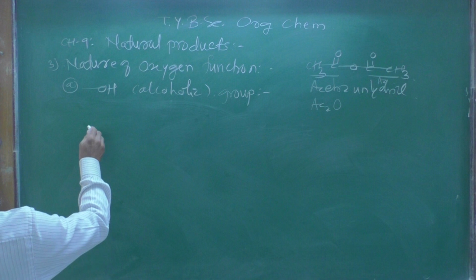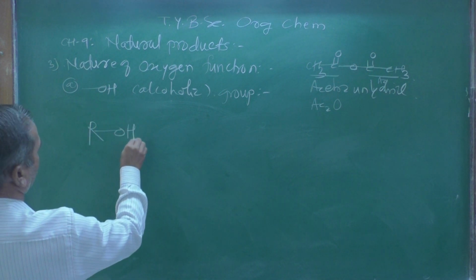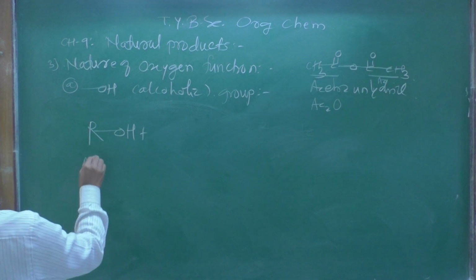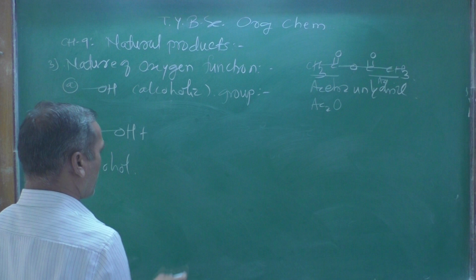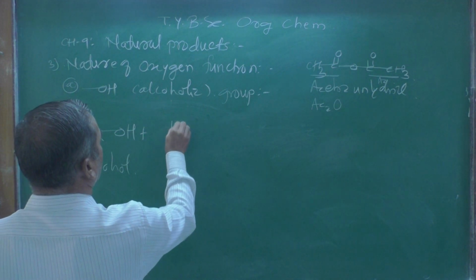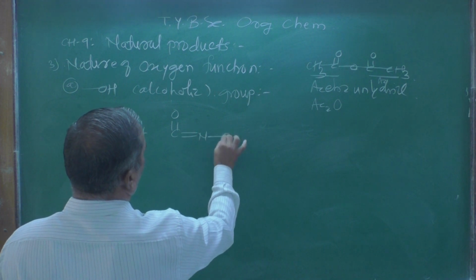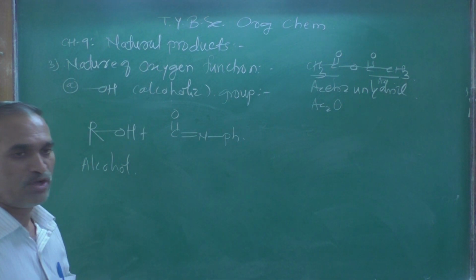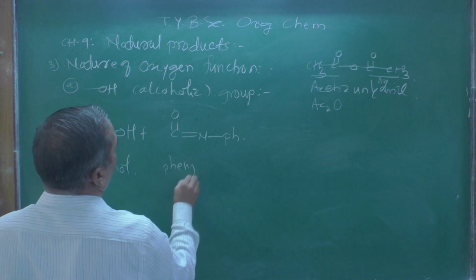Again, let us have ROH, alcohol. This alcohol will be treated with isocyanate. The structure of phenyl isocyanate, you might know, is C double bond O, double bond N, and then Ph. This is the structure of phenyl isocyanate.